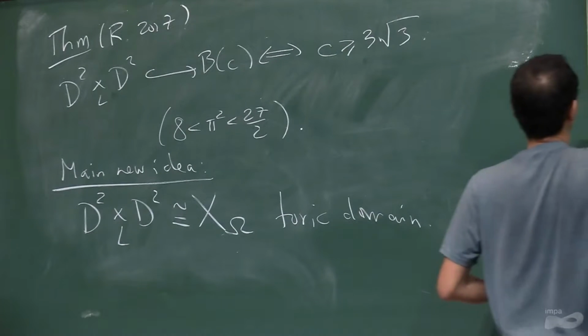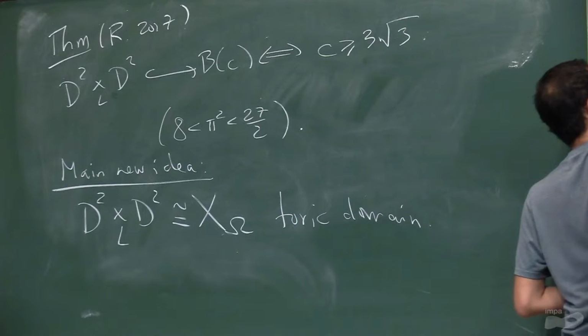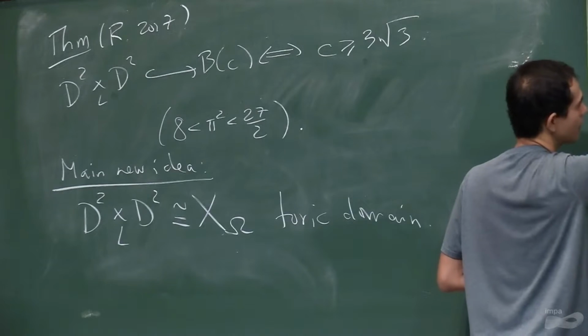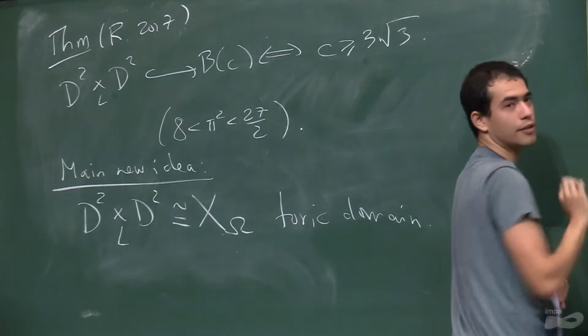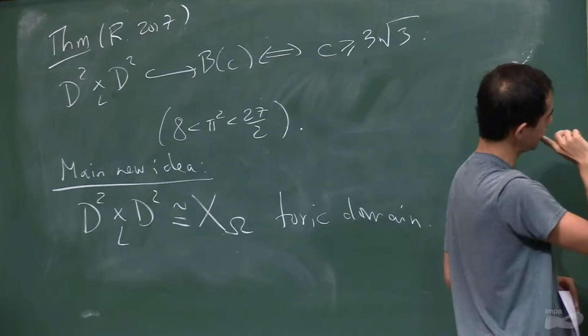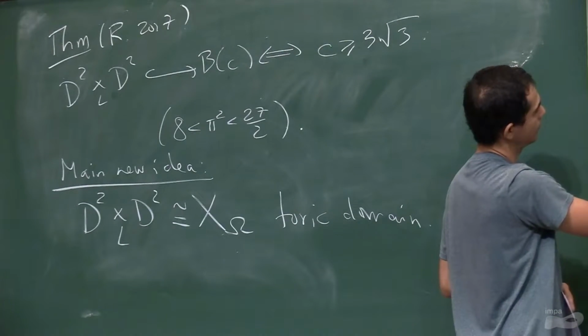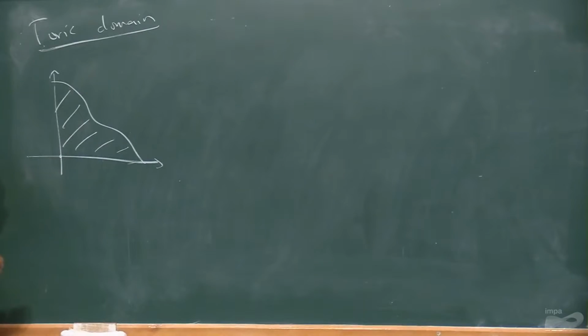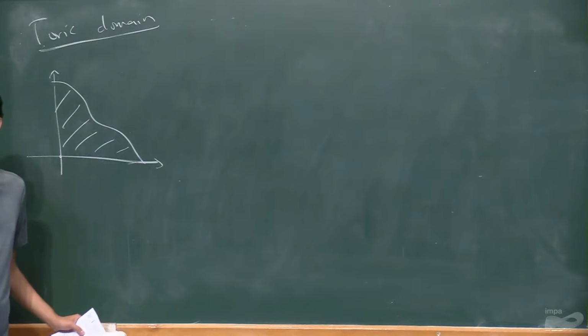So for me, a toric domain, I'll be kind of restrictive, but I'll say the following thing. Take a region in the first quadrant of R2, which is defined as the region between the two coordinate axes and the graph of a decreasing function. This is maybe slightly more restrictive than you see otherwise, but I think this is going to be good enough for today's talk.